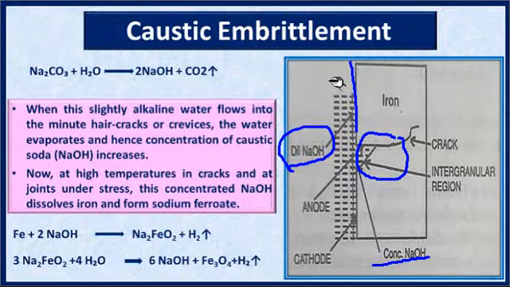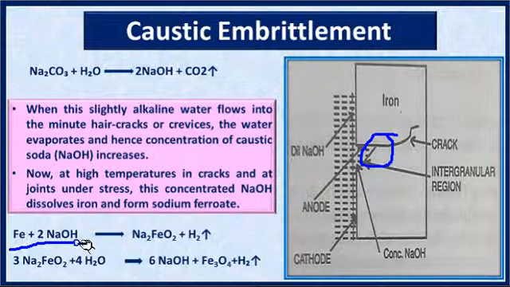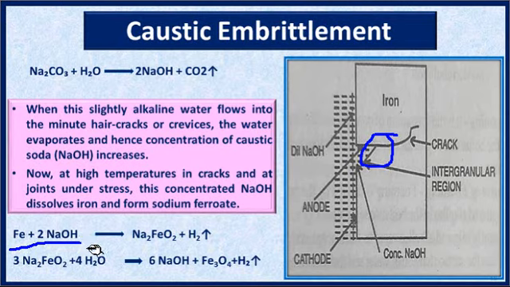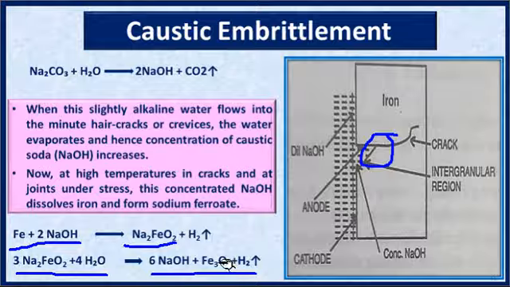So due to this chemical non-uniformity, corrosion of the metal takes place. At the higher concentration of NaOH, the NaOH slowly dissolves the iron and converts it into sodium ferroate. So in this inner area, iron gets dissolved in the water in the form of sodium metaferroate, and this sodium metaferroate reacts with water and forms iron rust.